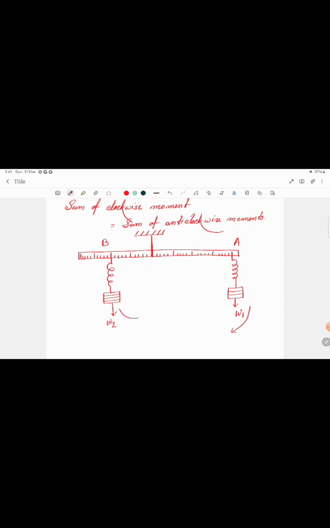This one moves in this direction obviously, so this should be anti-clockwise movement. Now what about the length? Suppose this point we take C. So A to C, the length, suppose is L1, and from here B to C the length is L2.